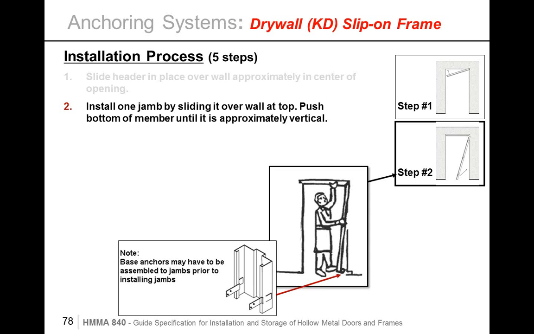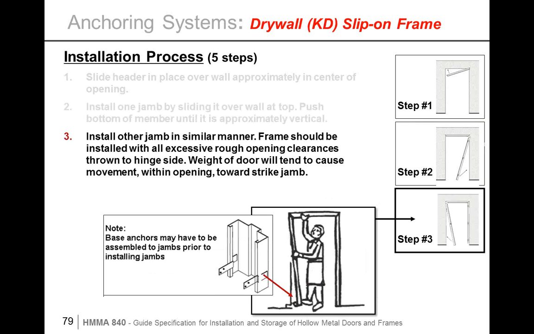The sill anchors are attached to the frame, or they may be pierces in the bottom of the face of the frame that will allow for screwing into the wall sill runner. So that jamb is placed on the wall. The next step is the second jamb is inserted around the wall.